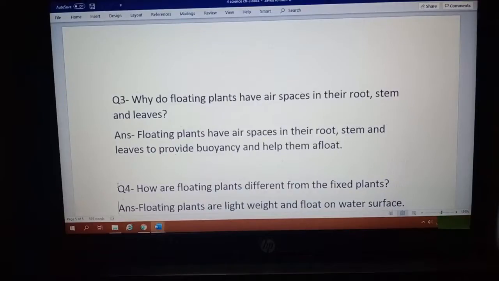So here the question is, why do these kinds of plants have air spaces? Its answer is, as you know, lotus is an aquatic plant.